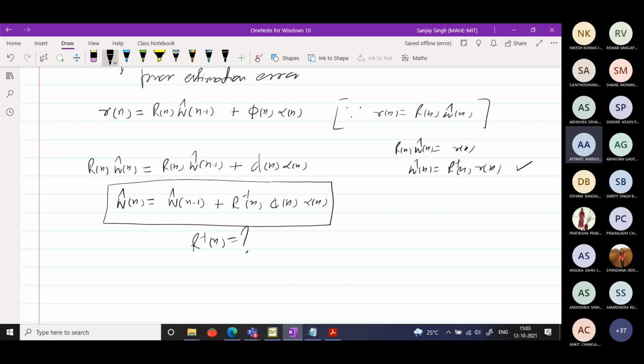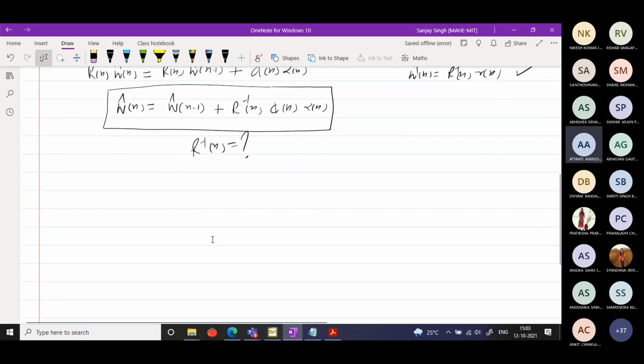Okay. Now we are going for the recursive formula. This recursive form is nothing but a recursive formula for the least square method, to find the weights. That we have done, but within this, the R inverse computation is still left out. We have not yet found a solution; we have just used it. So I have to find a way to solve it.